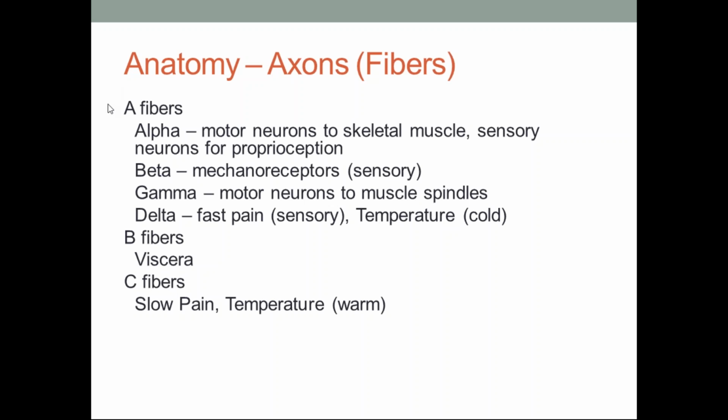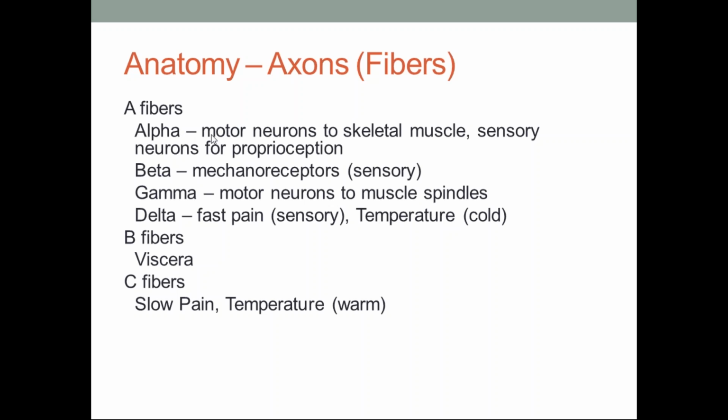A fibers are by far the most numerous in the body. They are large and myelinated. Okay, because there's so many, they have 4 categories according to speed. A alpha, A beta, A gamma, A delta.